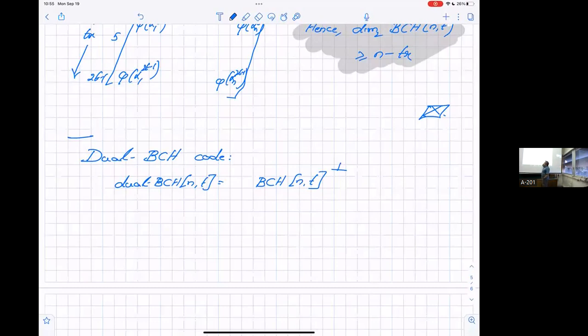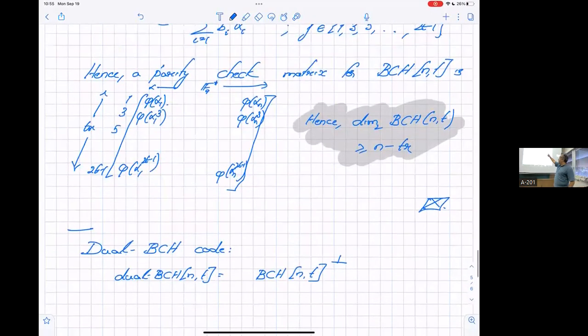So what is this guy? By definition, we know that BCH is defined by a parity check matrix, and the rows of this parity check matrix are essentially elements of the dual code. Just one question. Suppose I have F2, and F2 to the power R1 and F2 to the power R2, both extensions of F2, and they have the same degree parameter.